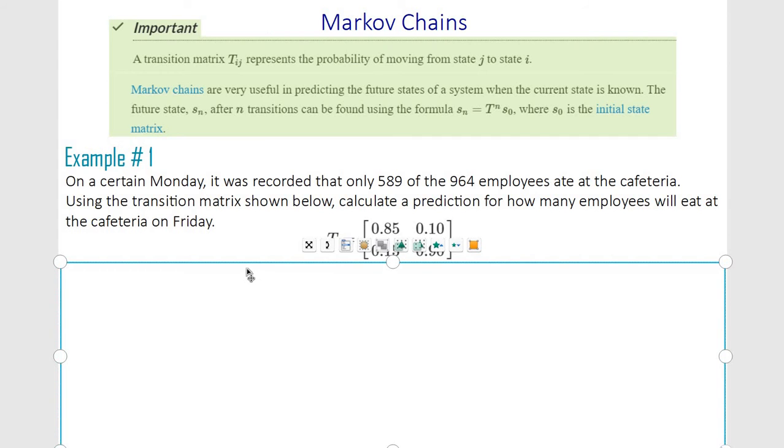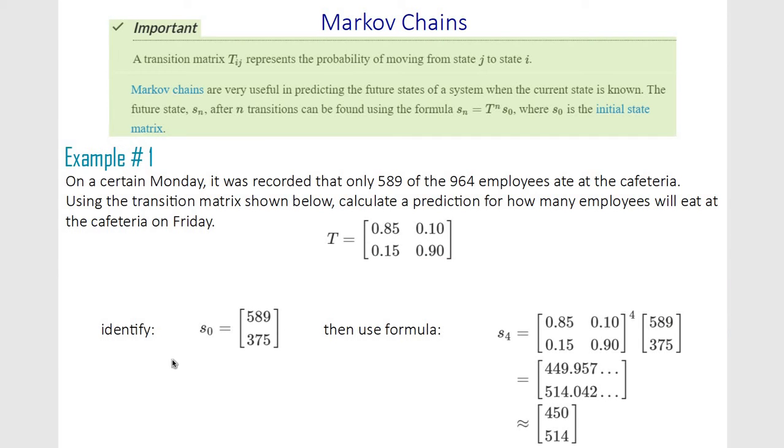So what we do there is we identify our starting matrix. Here we had 589 out of 964. Let me get that written out. That number is 964 minus 589, which gets you 375.